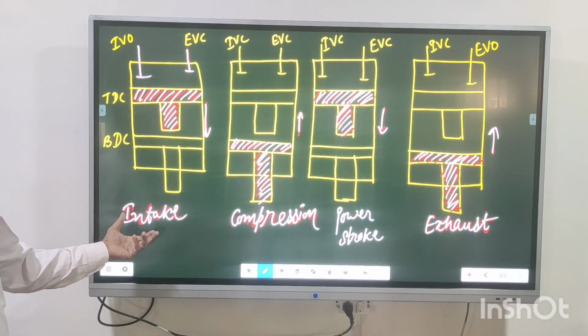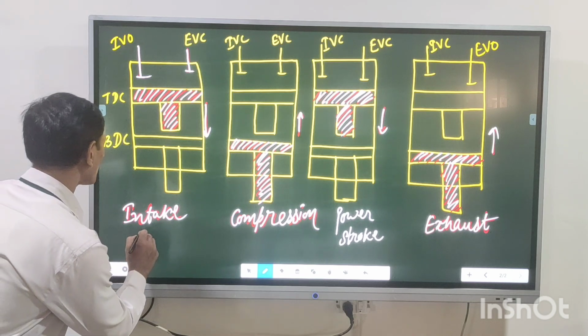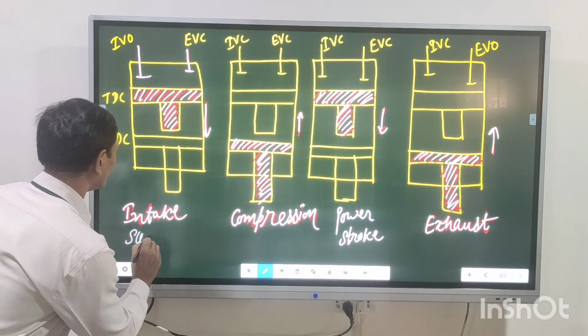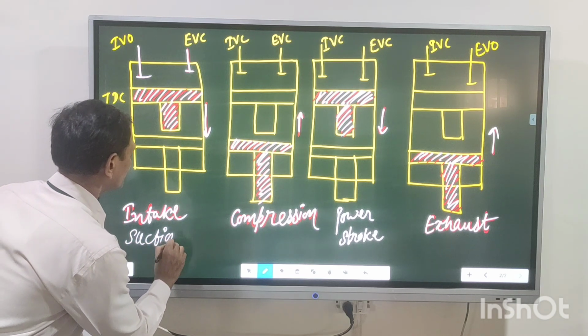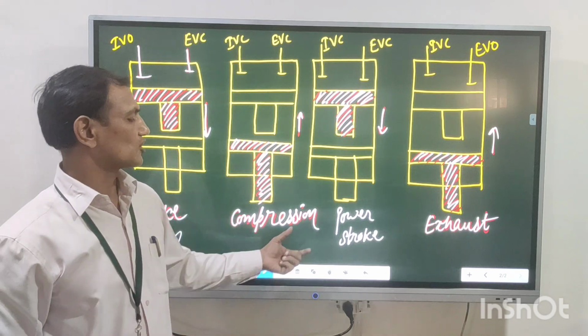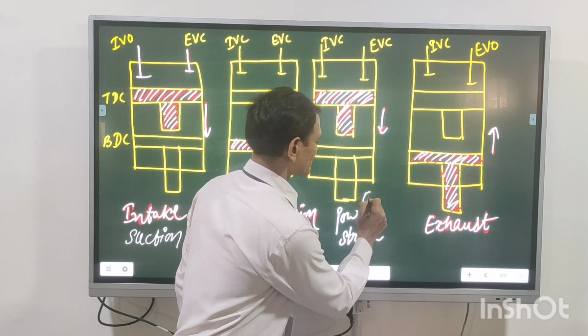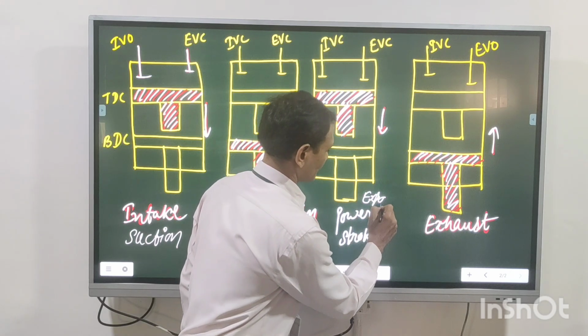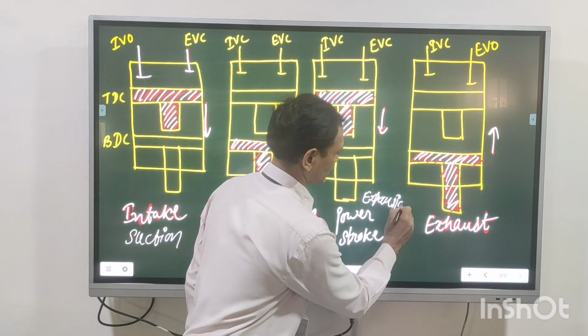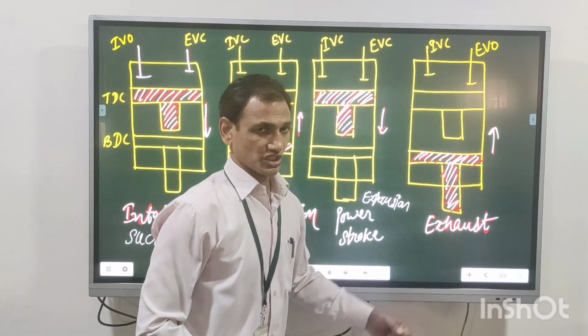Here the first is the intake, also called the suction stroke, then the compression stroke, the power stroke, which is also called the expansion stroke, and the last, the exhaust stroke.